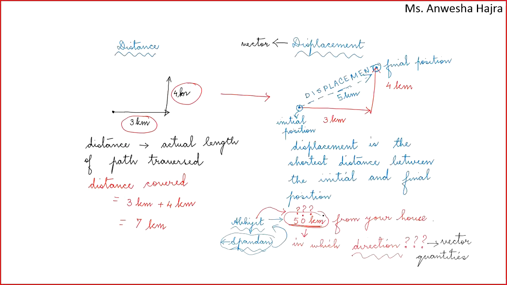He should have told him 50 kilometers northeast, 50 kilometers east. So, displacement is a vector quantity whose direction is very, very important. So, displacement is a vector, while distance is a scalar quantity. It does not need any direction.